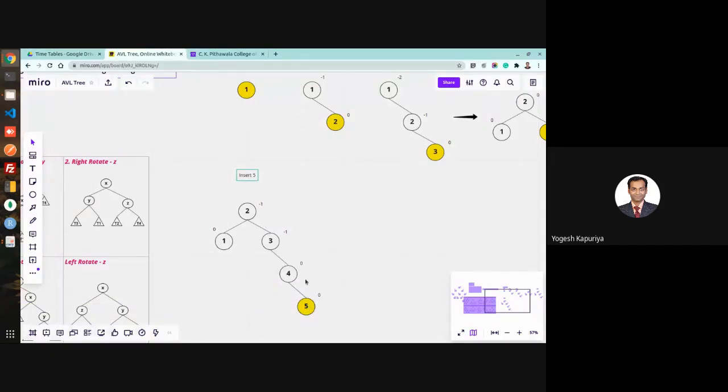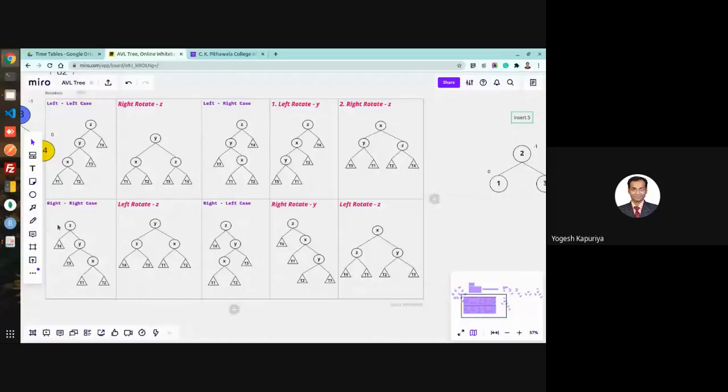So balance factor of 5 is 0, balance factor of 4 is 0 minus 1, so it's minus 1. Here it is 0 minus 2. It's minus 2. When you get this, you stop here, right?